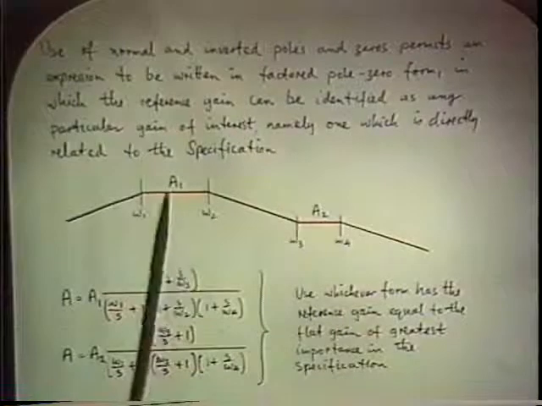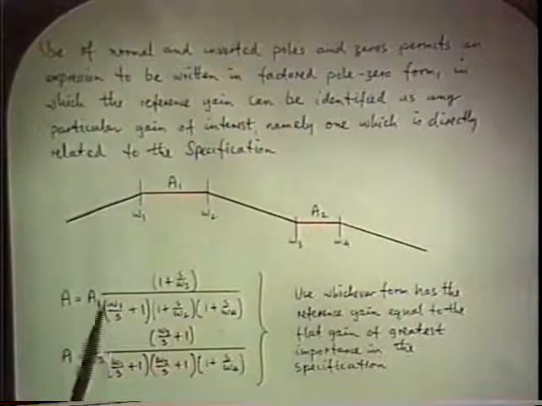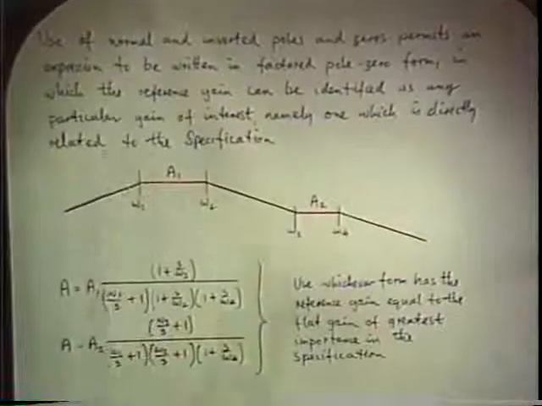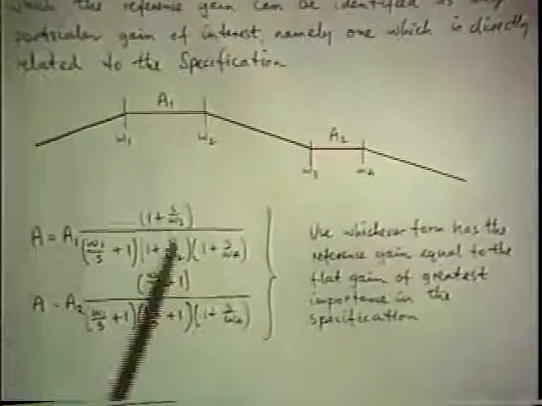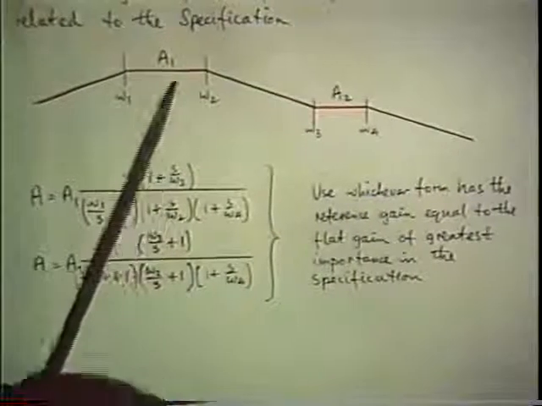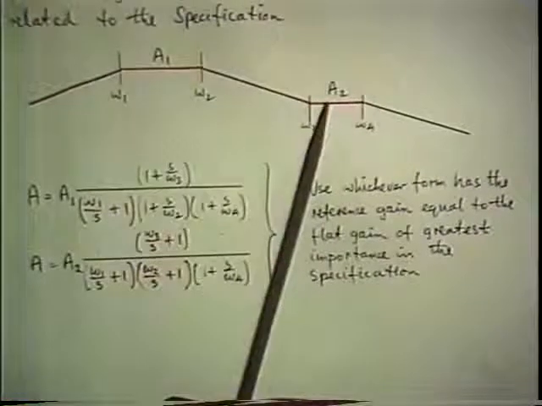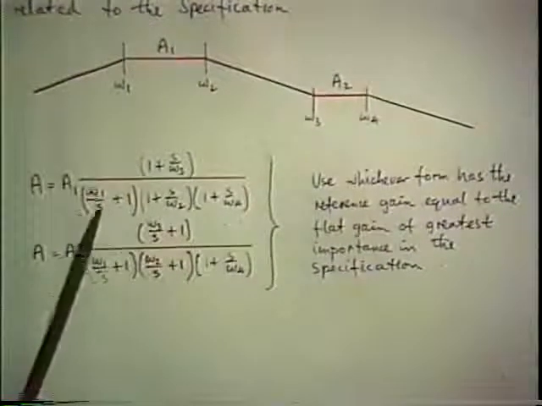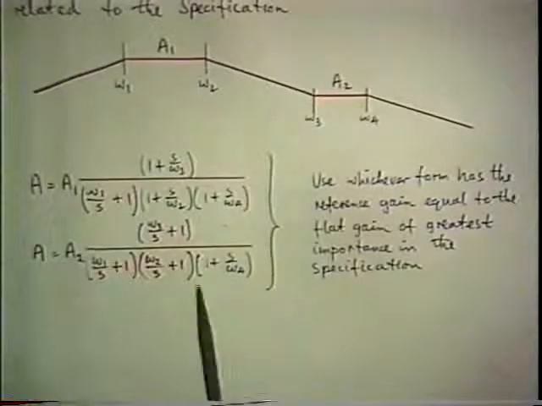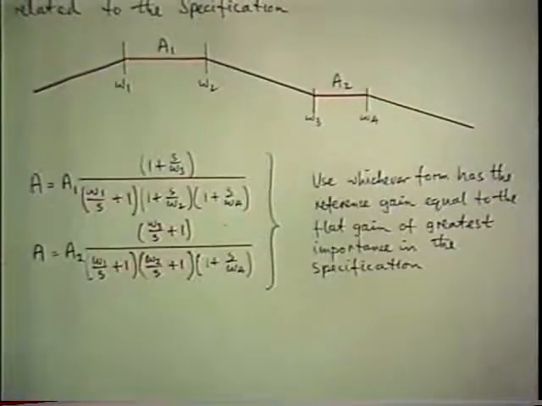And any corner frequency which is below the reference gain you've chosen will be in an inverted form, because the flat gain is equivalent to the infinite frequency asymptote for that particular corner, just like the little building block. Corner frequencies which are above the flat gain that you've chosen will remain in normal format. So depending on which flat gain you choose, some of the corners are inverted, some of them are normal, and I put the inverted ones in red so you can see where the change occurs, depending on which of the A's you care to choose.